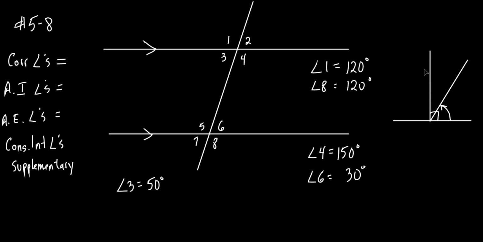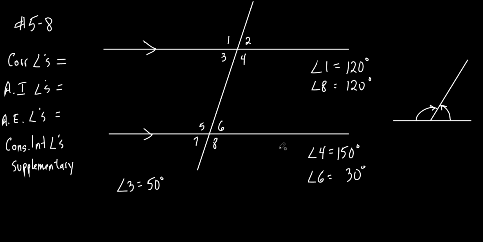Okay? What about this angle right there? 90 would go here, right? This angle right here goes more than 90, right? So it's wider. So the wider angle is obtuse. The skinnier angles, right? Skinnier than what? Than 90, right? The skinnier angles are acute.